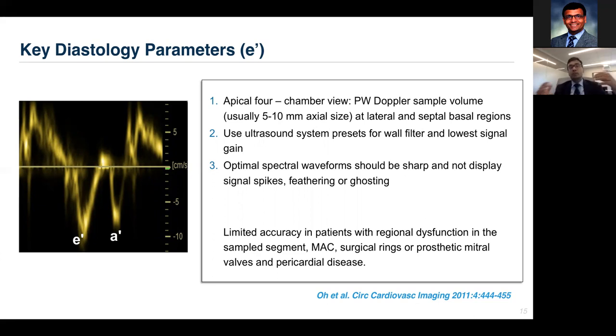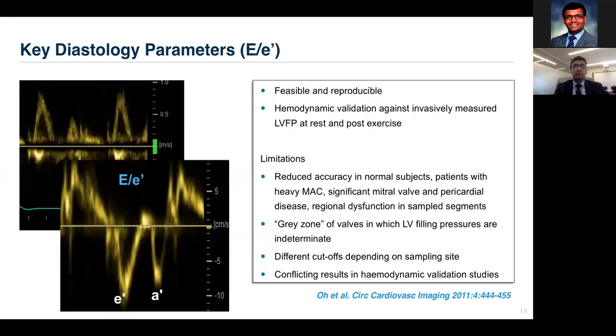In this situation, there may be some challenges to getting the exact value of E prime. The advantage of E prime is it's highly reproducible. And E prime has become very commonly practiced and is very reliable in clinical practice.